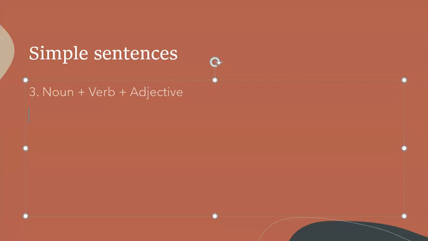I'm still going to use people. Farid, verb, this is the verb to be, and then you have an adjective. So now Farid is hardworking. You supply an adjective.